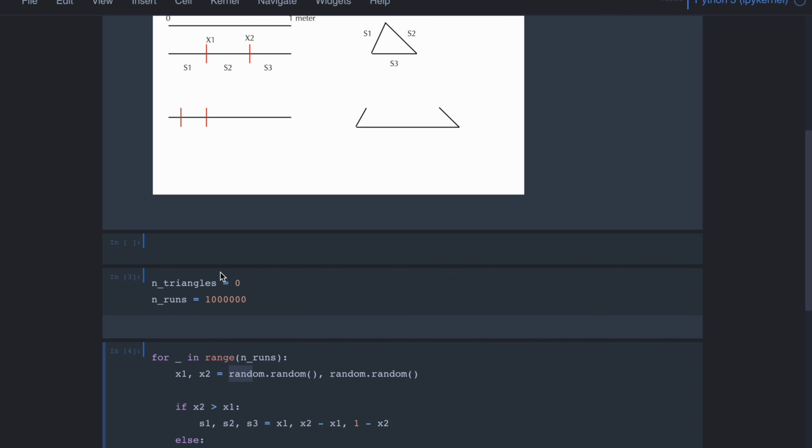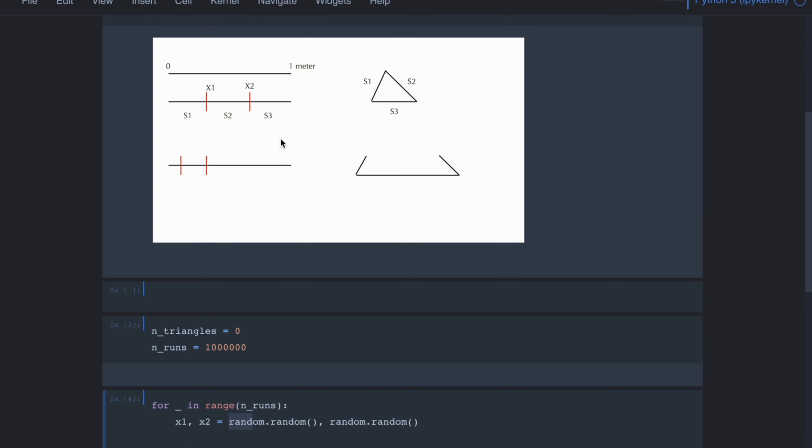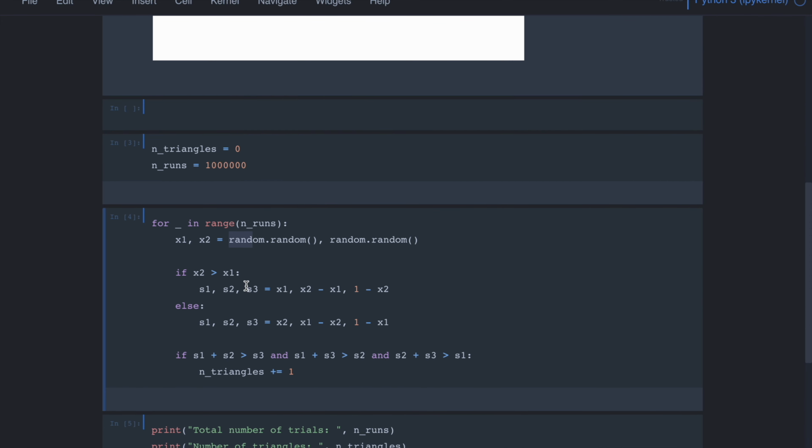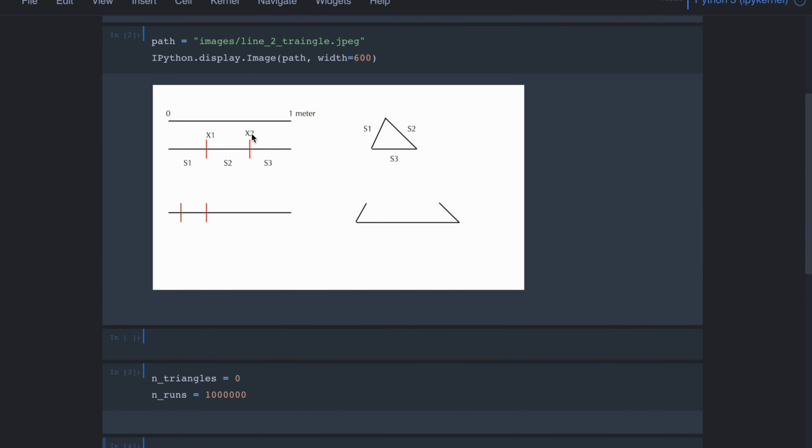Then first we want to measure the length of these three segments, s1, s2, s3. Let's say the point x2 happened to be larger than x1, something like this. So 0 to x1 is going to be our first segment, x1 to x2 is going to be our second segment, and x2 to 1 is going to be our third segment.